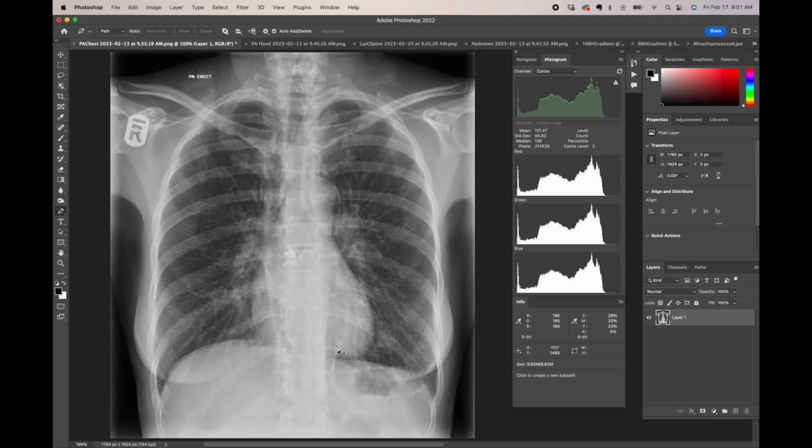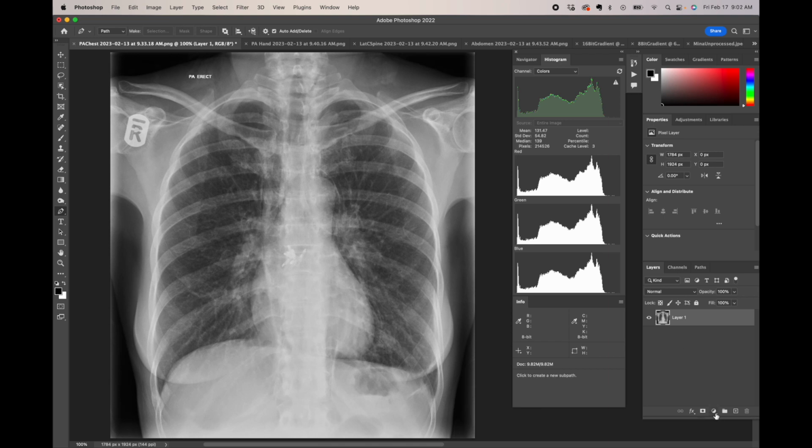And when I roll over this image at any given spot, that numerical value in the info palette represents where it is in that spectrum from 0 to 255. As I mentioned in class, it's actually 255 on the histogram scale. It starts at 0, so that's the 256th shade.